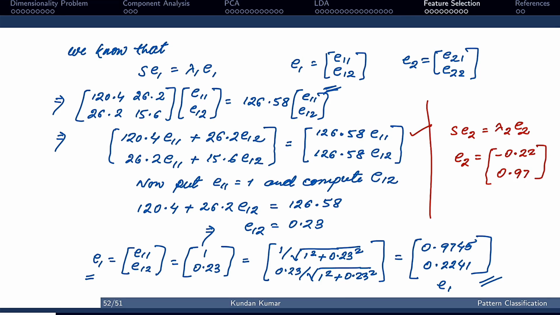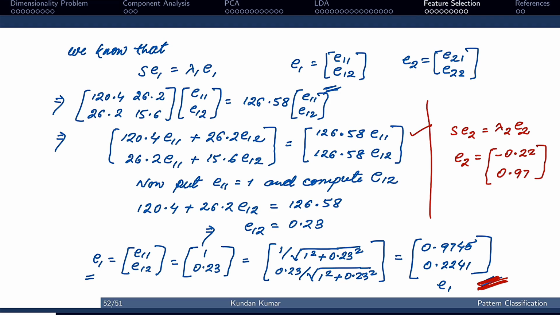When you calculate, these decimal places may vary, but you will approximately obtain these two eigenvectors. This is the direction of the first eigenvector corresponding to the highest eigenvalue. This is the direction where we can project our data so that we get the maximum variation in the data. So this is the solution of our given problem.